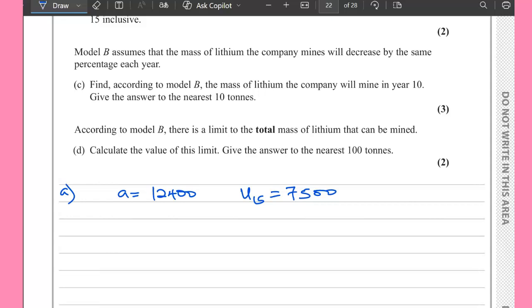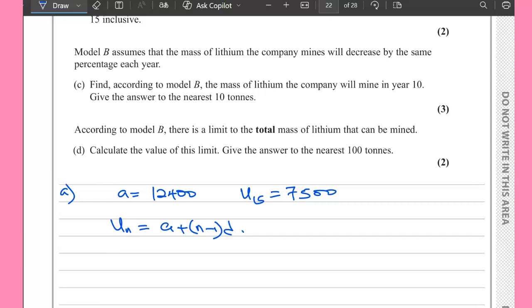Now, based on this, we have the first term and the 15th term, and we know that the nth term of an arithmetic progression is given as a plus n minus 1 d. So using this, we can easily get the common difference.